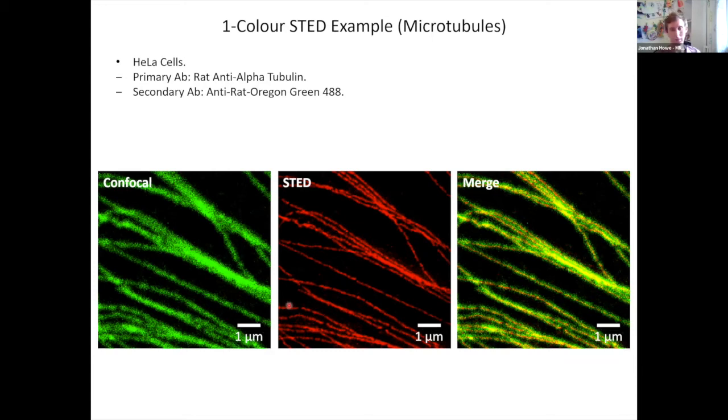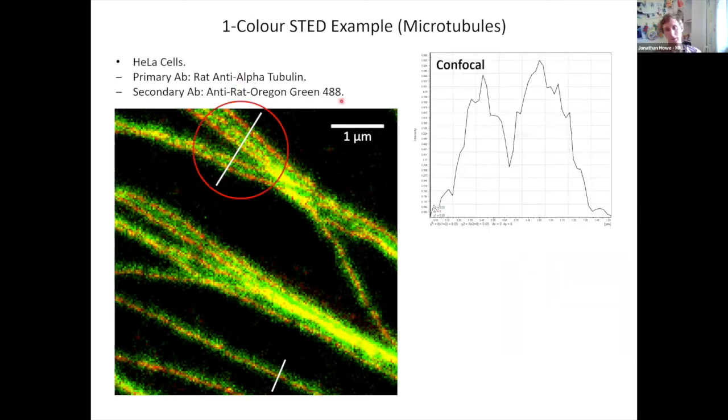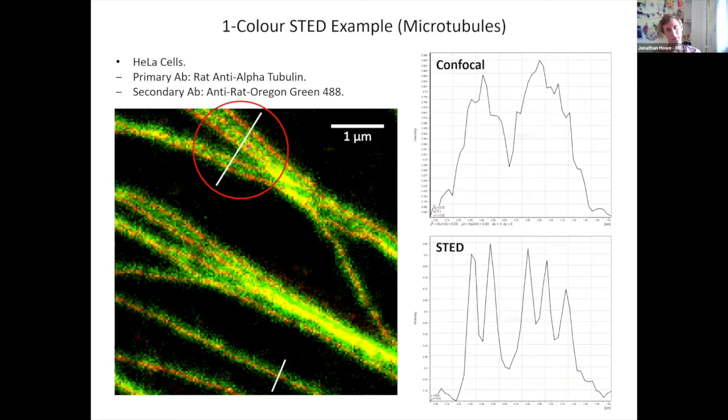Hopefully it's clear to see here, even over Zoom, that the resolution is significantly improved. If I blow it up, you can see up here what we might have concluded to be 2 microtubules is actually 5. There's a pair just here, and then a triplet of microtubules here.